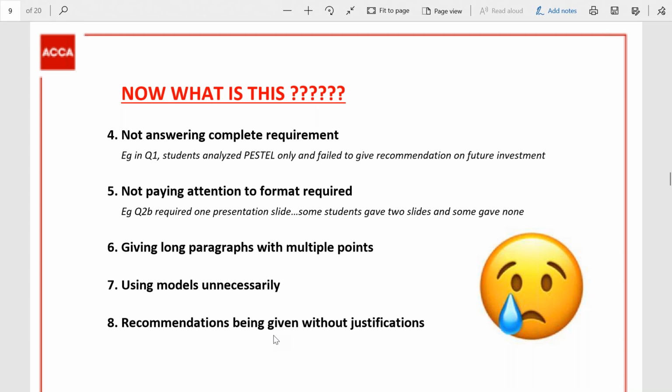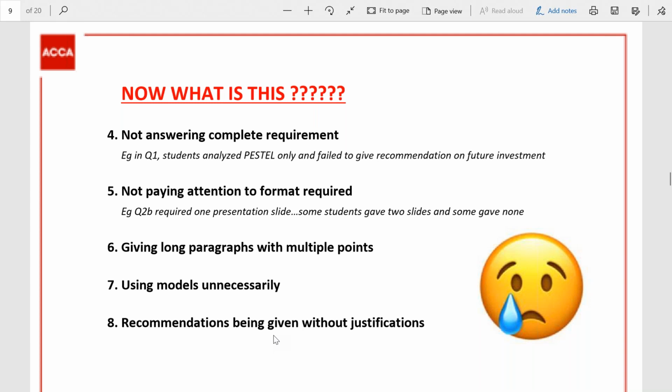So there were two parts, or two requirements, in question number one. The question was to analyze the general environment and then give a recommendation on the future investment. So students completely forgot to talk about the second part of the requirement.